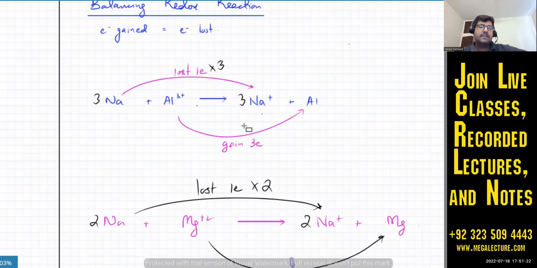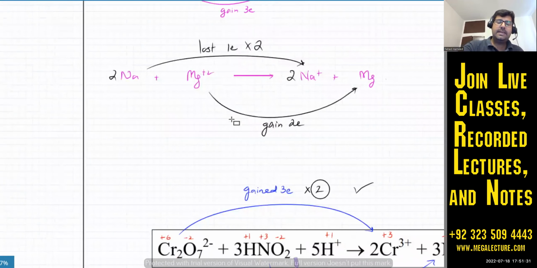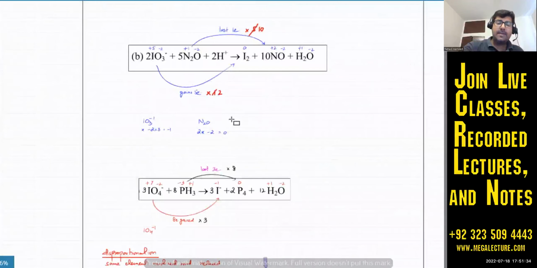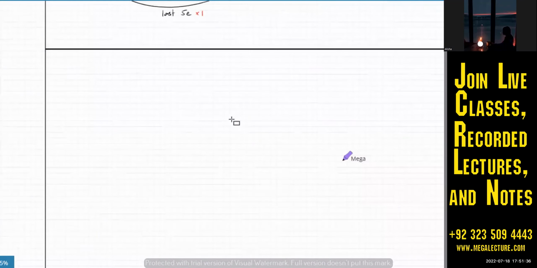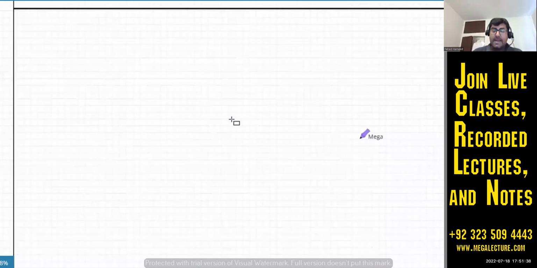Now the only difference is going to be that we have these reactions, right? So the difference we're going to see is that now we're going to start A2 chemistry. So I'm going to write a reaction and try to balance it, and I'm going to explain to you what you're going to study in A2 electrochemistry.